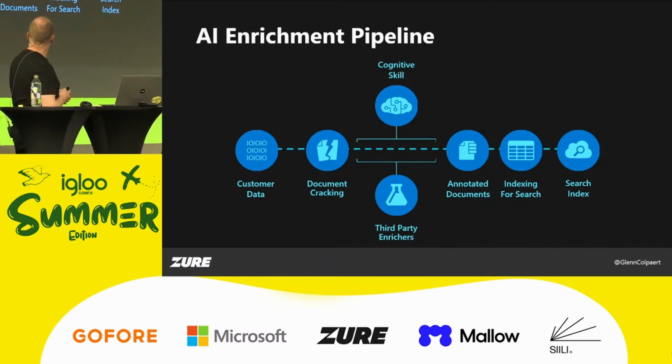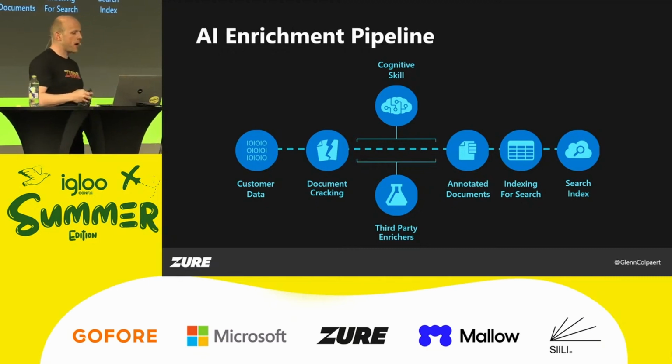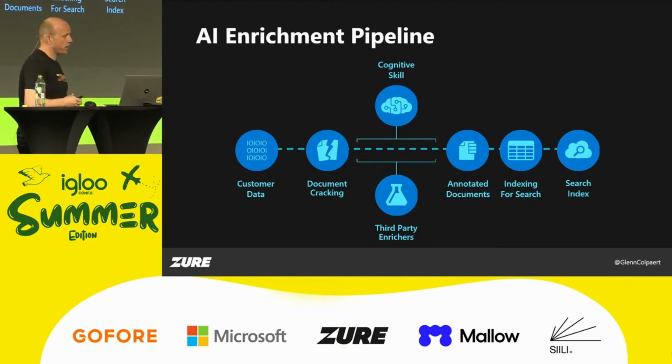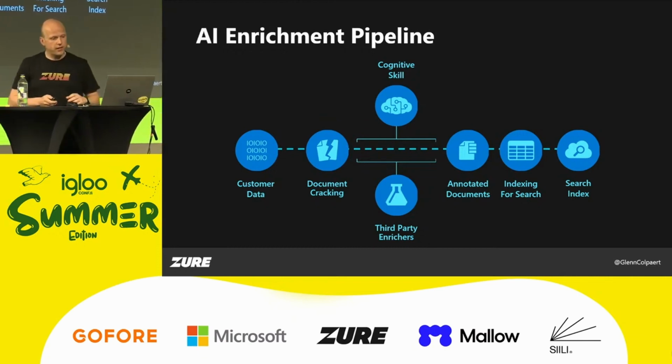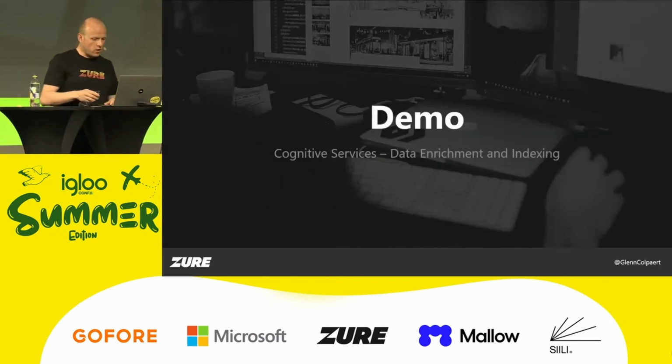So this is the whole API, the AI enrichment pipeline, and it basically ends up with your index and makes your data available. So let's jump to the demo.